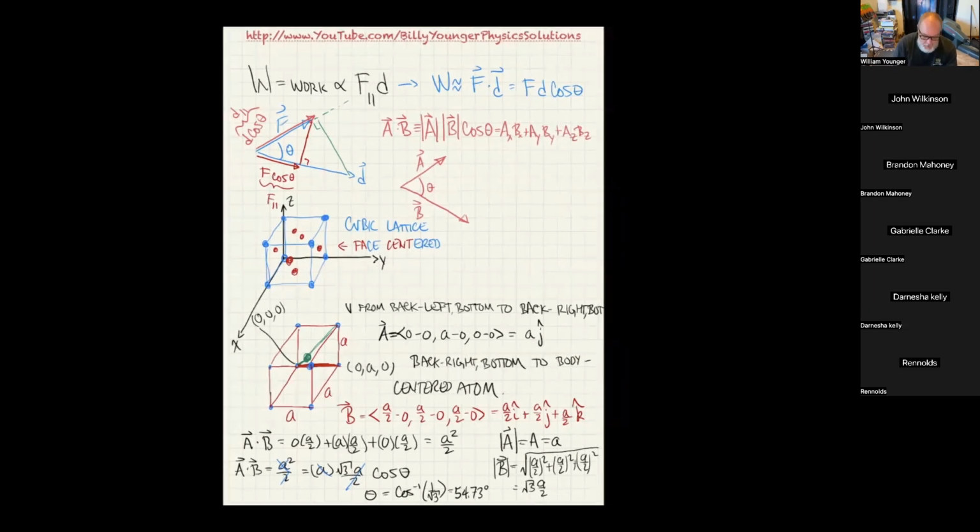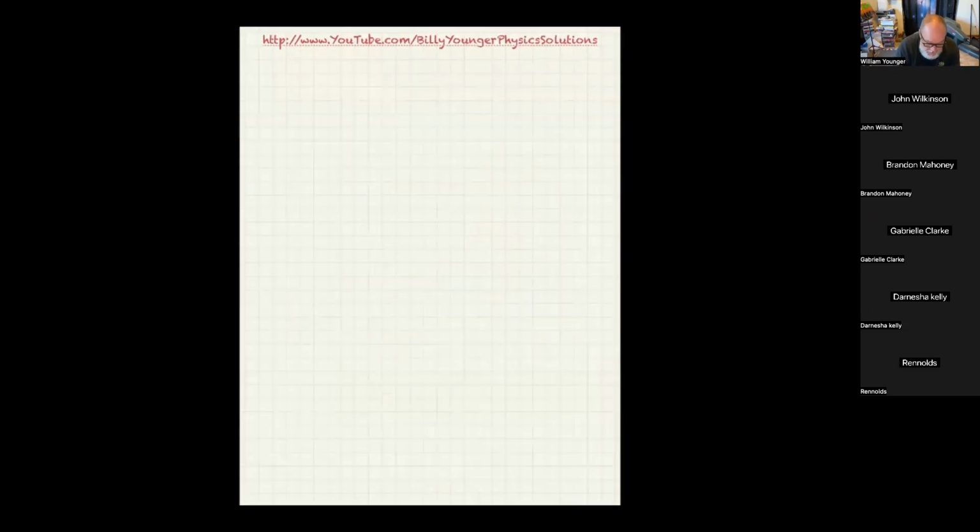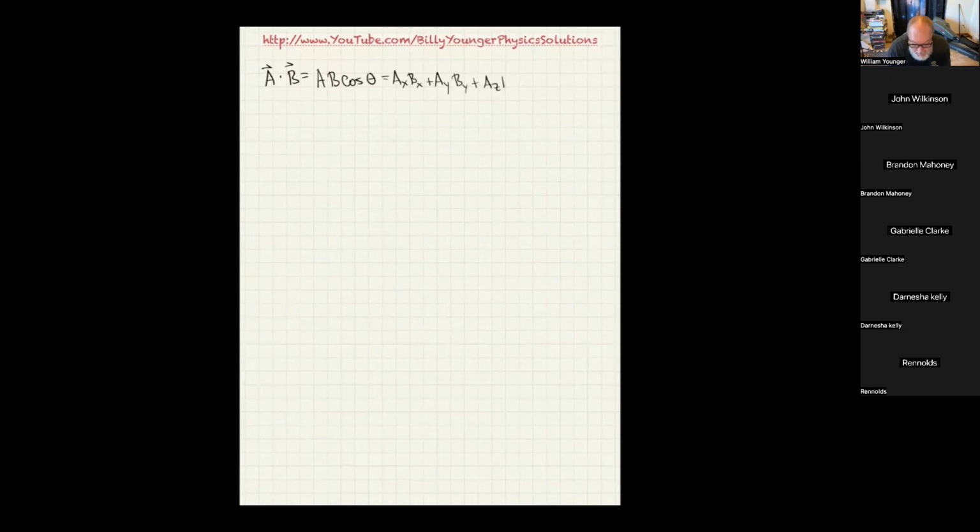So let me just reiterate what we've got here. We've learned a formula, A dot B equals A times B times cosine of the angle between them when they're tail to tail, but it also equals AX BX plus AY BY plus AZ BZ.